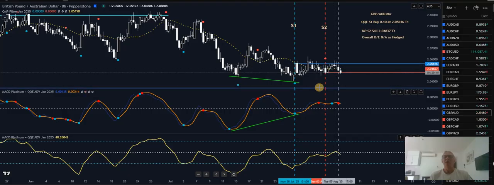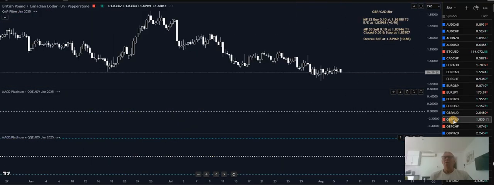In the meantime, there's this HP, high probability, or MACD Platinum sell, whatever you want to call it. MACD Platinum's above the zero level. It was just more of a hedge trade, so at least that's a bit in profit. So I'm basically hedged on this, both the same position size at this stage. Overall break even, NA is hedged. So that's just my notes I keep. So going nowhere fast.